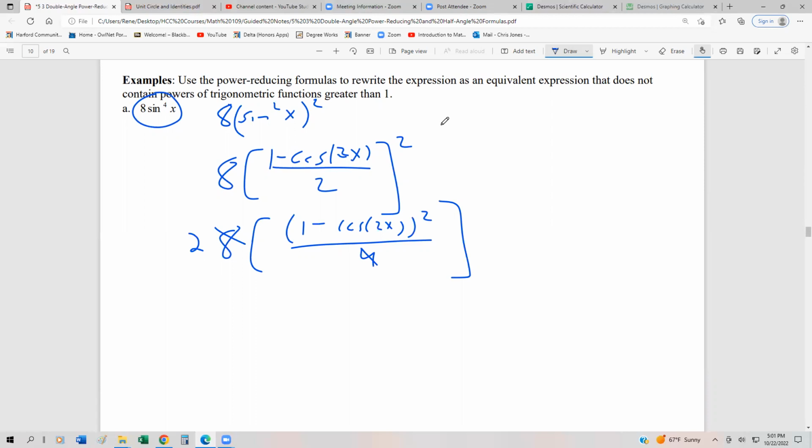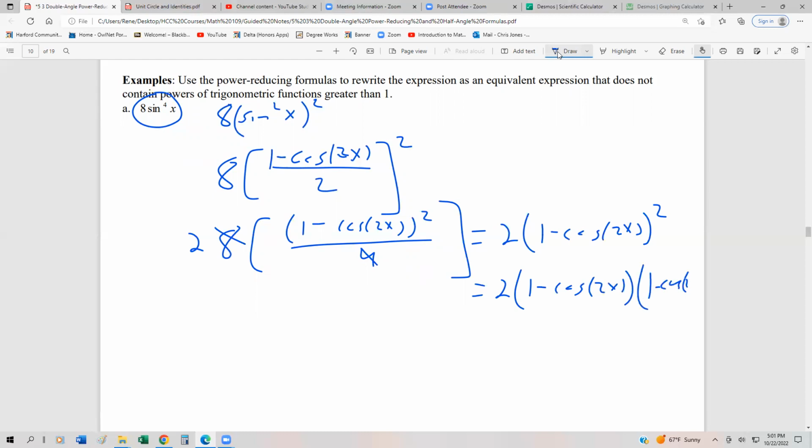And so really what I have is 2 times the quantity of 1 minus cos 2x squared, which is the same as 2 times 1 minus cos 2x times 1 minus cos 2x.